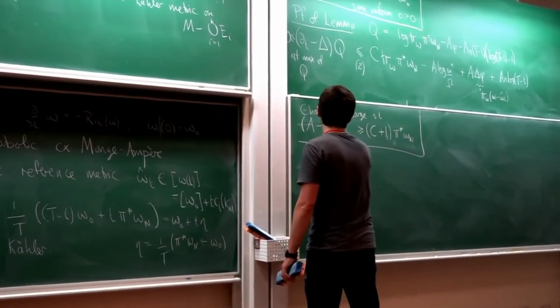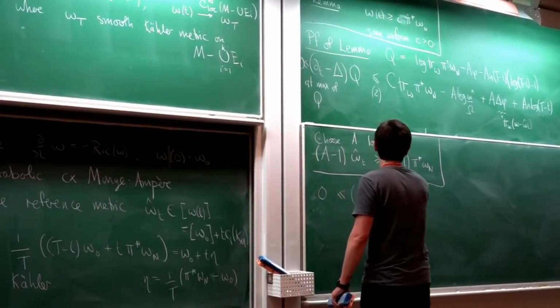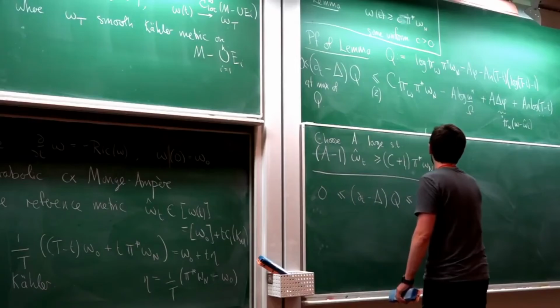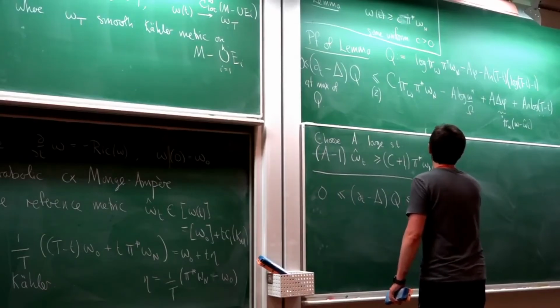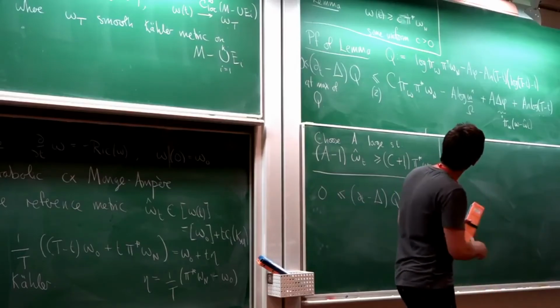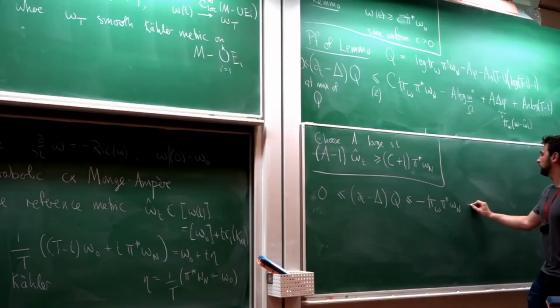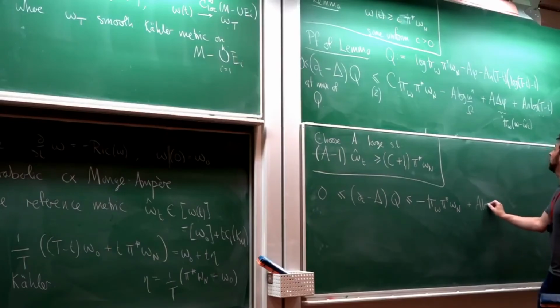So what I get is 0 is less than this d/dt minus Laplacian of Q, and this is less than, I get an extra term, minus the trace with respect to omega of the pullback of omega n. And now this term here, let me change the minus to a plus. So I get plus A of log of capital omega over omega to the n. Right, capital omega times T minus t to the n.